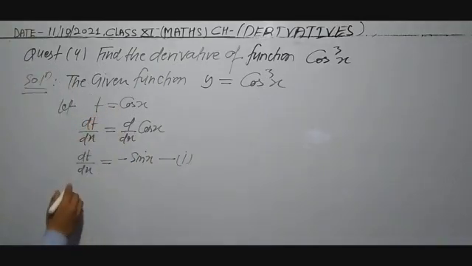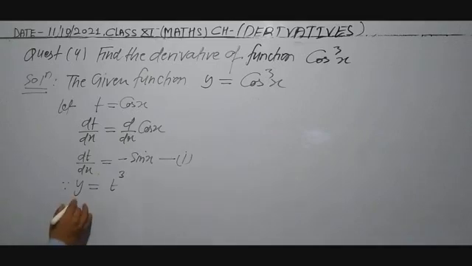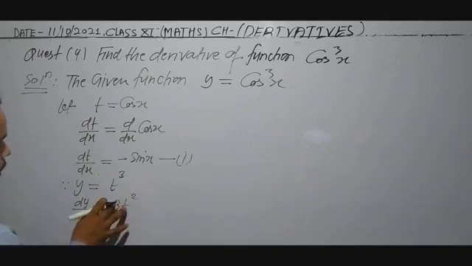Now value of y in terms of t, since y will be t cube, and dy by dt we can write 3 times t square.